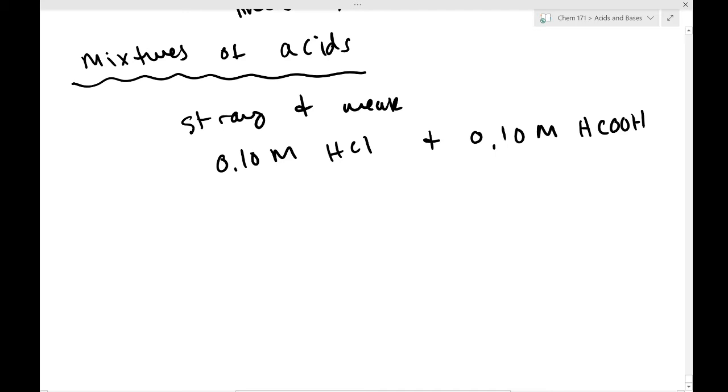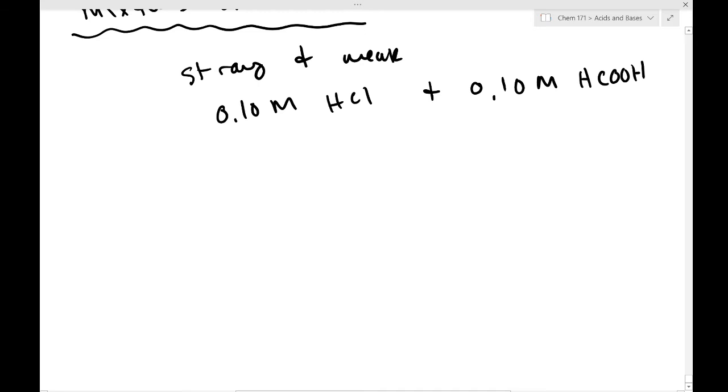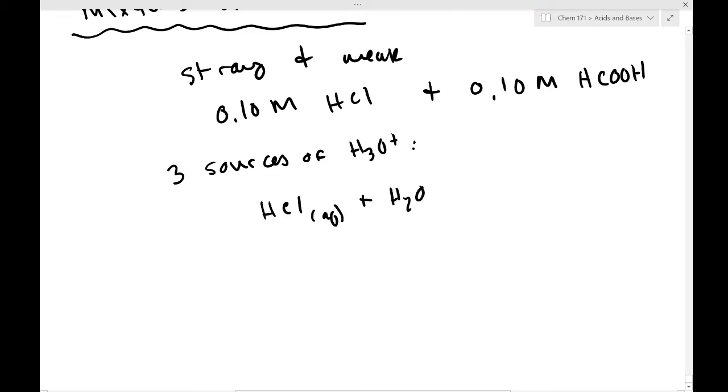Okay. Now, in this new solution that we form after we mix, we have 3 sources of H3O+. We have, number 1, the HCl reacting with water to form H3O+ and Cl-.